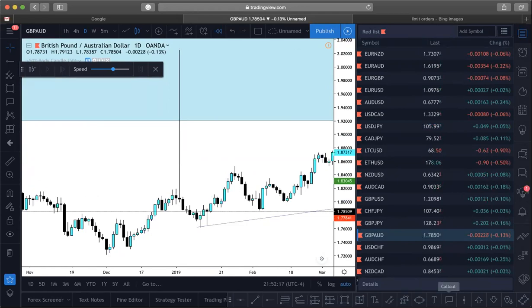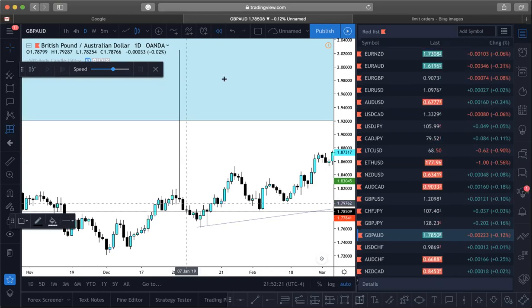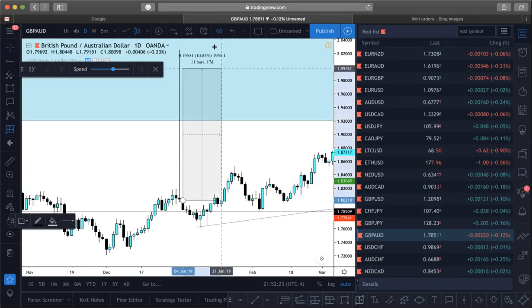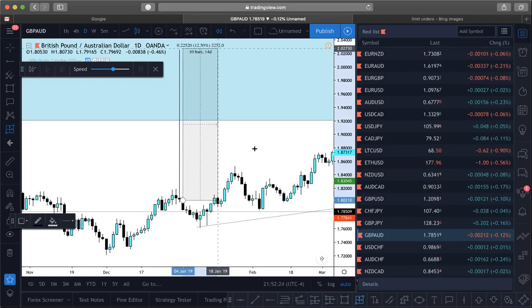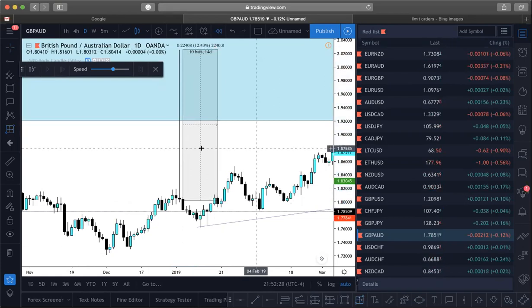That doesn't normally happen. That was something called a pump and dump, a spike in the market, like something crazy happened that day. That normally happens at NFP, but this was something crazy that happened at the beginning of the year. It wasn't NFP. The market jumped up 2,000 pips and came right back down.